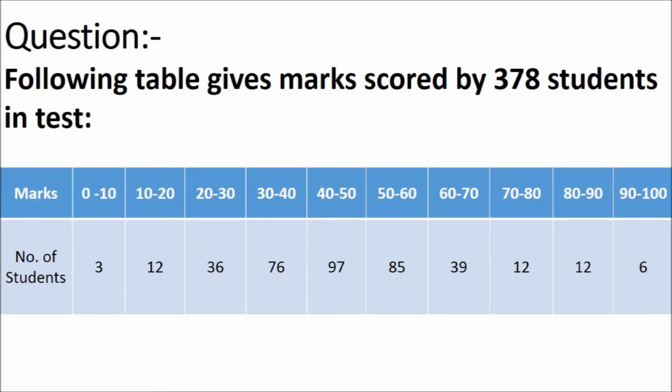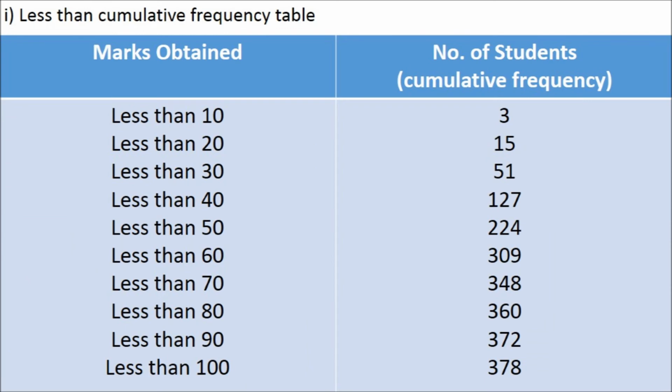For less than cumulative frequency distributions, we add up the frequencies from the above. Like in our example, we first convert the class interval into less than types using the upper limits. Instead of 0 to 10, we write less than 10.